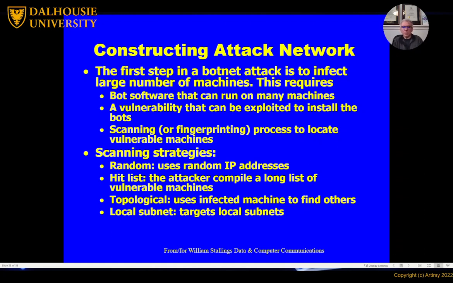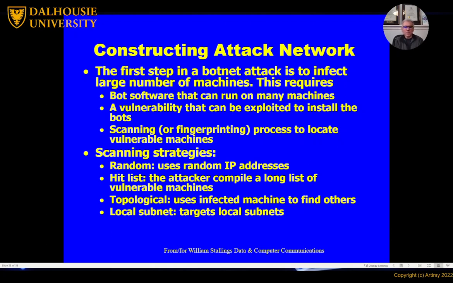I also need to know where the vulnerable machines are. So I need to do scanning. If I am in a network, I need to scan the network, and with each scan, first I need to find who is in the network, and second, whether they are vulnerable or not, whether they have that weakness or not.